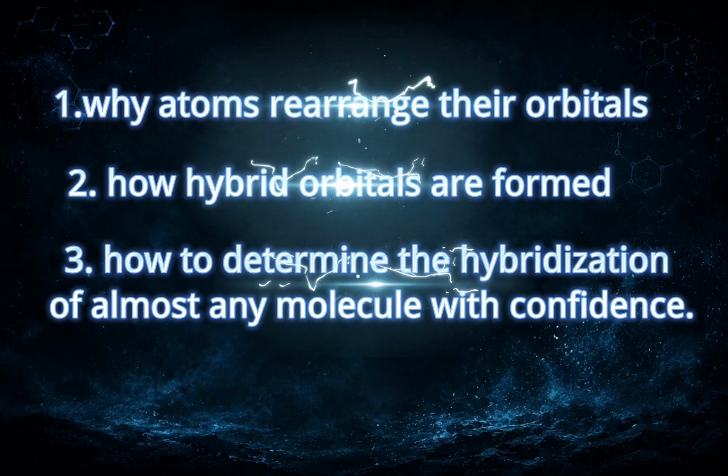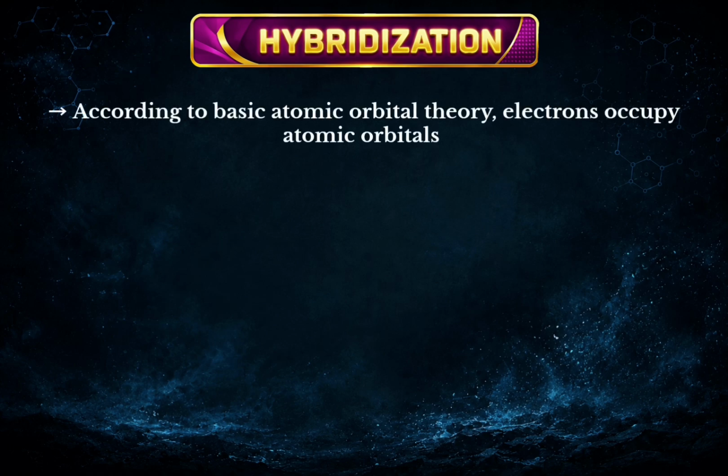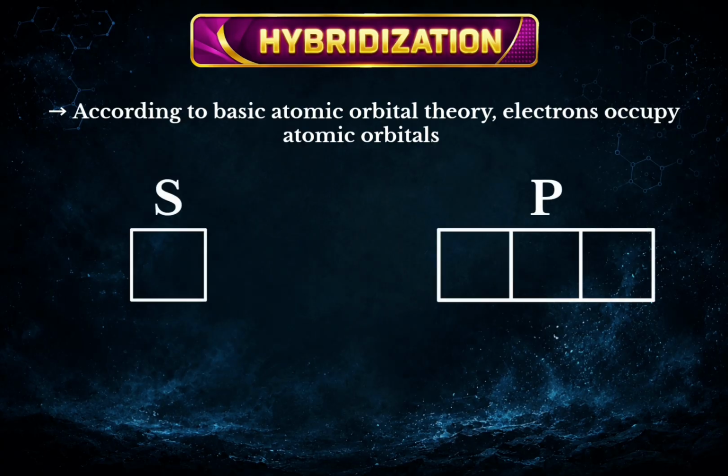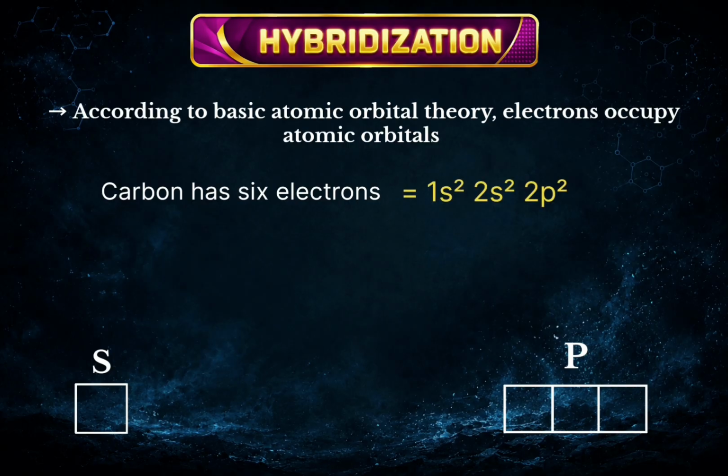So, let's dive in. To understand hybridization, we first need to understand the problem it was created to solve. According to basic atomic orbital theory, electrons occupy atomic orbitals such as s and p orbitals. Let's put that idea to the test using carbon. Carbon has 6 electrons, and its electron configuration is 1s2, 2s2, 2p2.